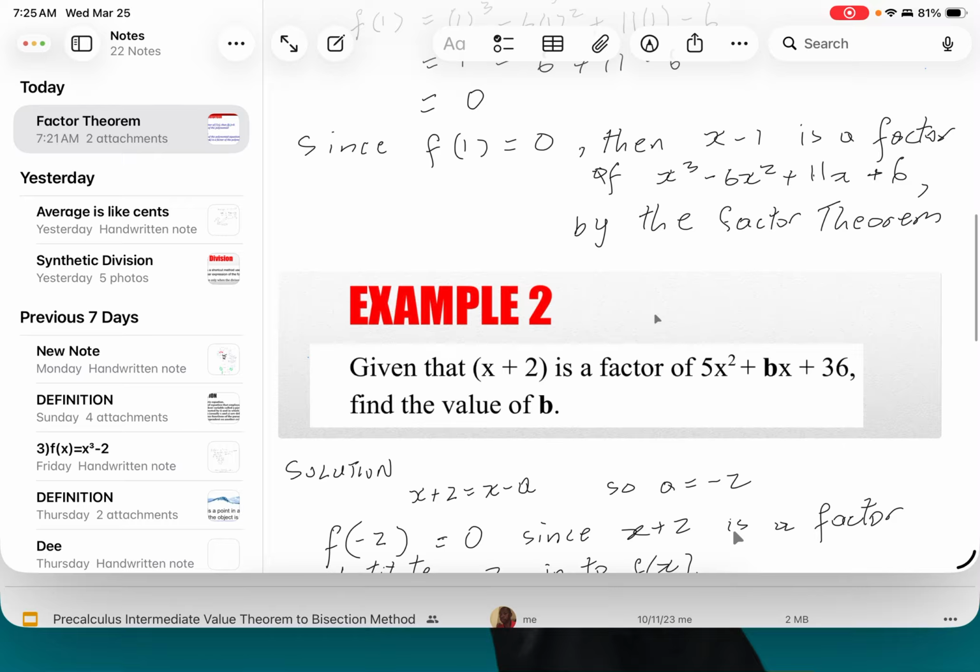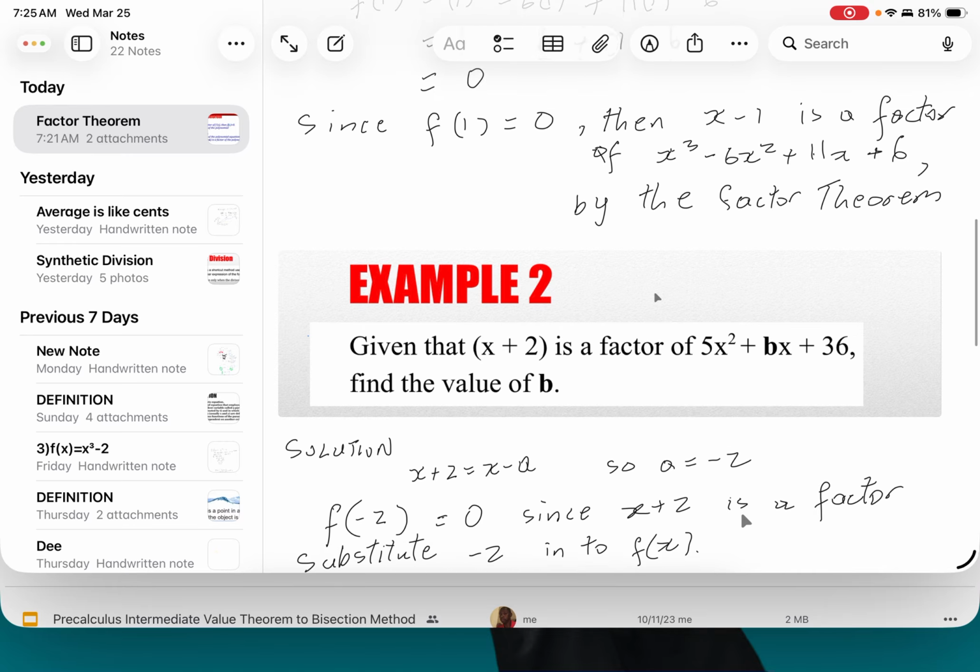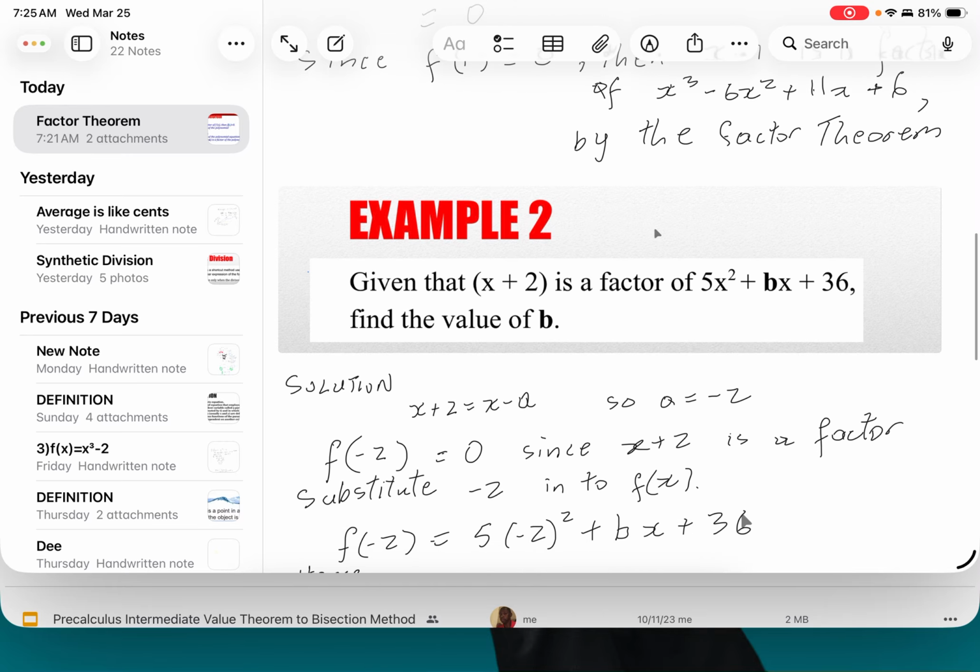So what do we know? If x plus 2 is a factor, then f of negative 2 is equal to 0 by the factor theorem. Now we still want to find the value of b. So we're going to substitute negative 2 into f of x. If you substitute negative 2 into f of x, you have f of negative 2 is equal to 5 times negative 2 squared plus bx plus 36.